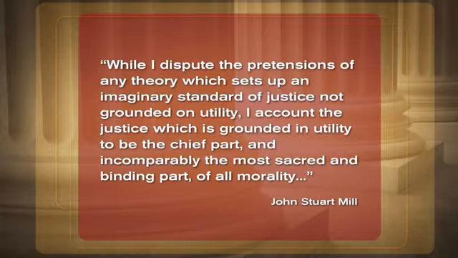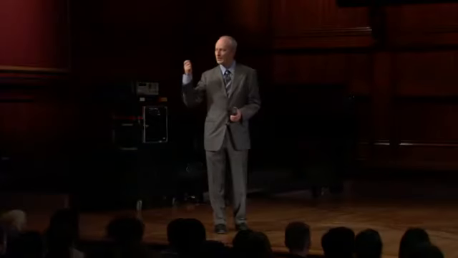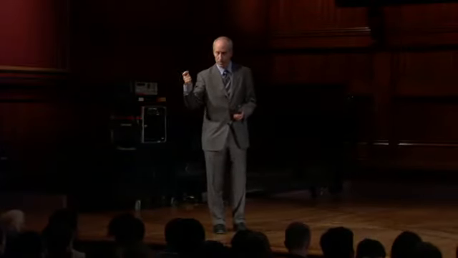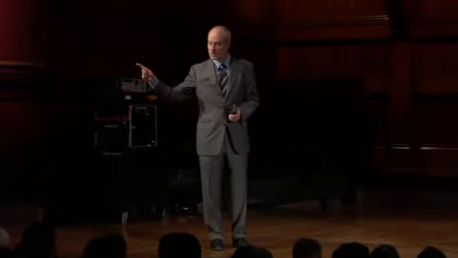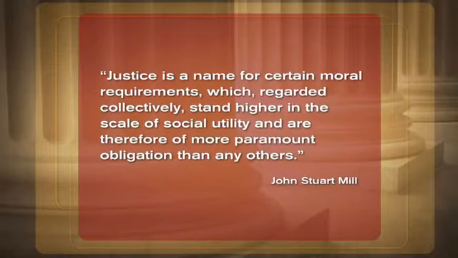So justice is higher. Individual rights are privileged, but not for reasons that depart from utilitarian assumptions. "Justice is a name for certain moral requirements, which regarded collectively stand higher in the scale of social utility and are therefore of more paramount obligation than any others."